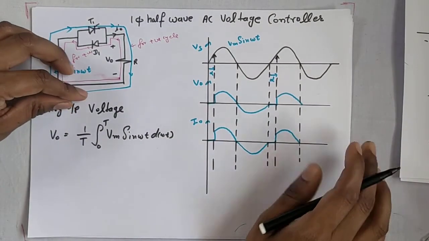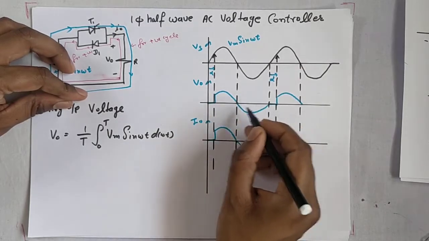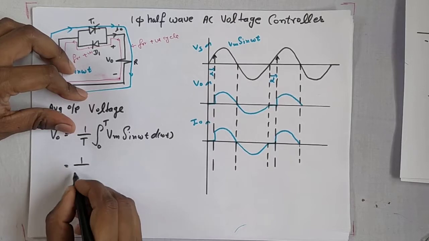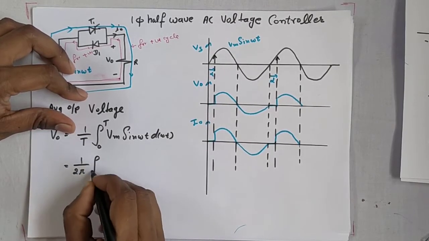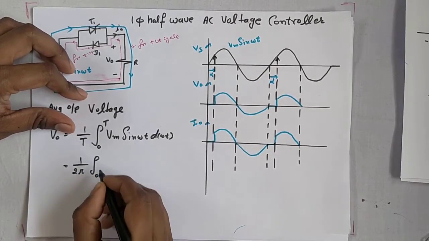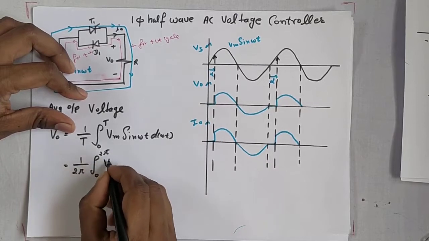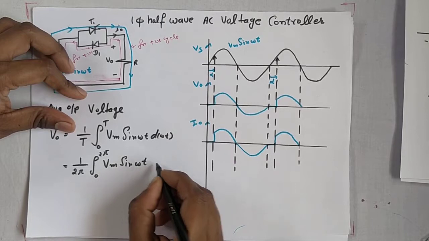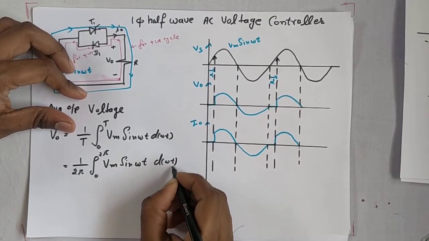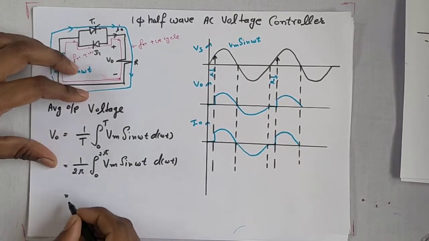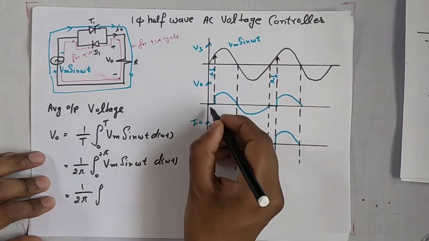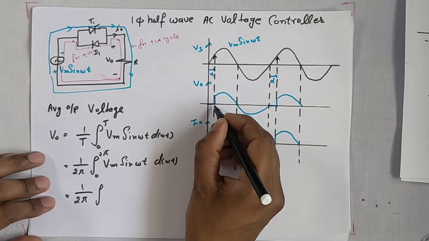Now, the time period of this waveform is 2 pi. So it equals 1 upon 2 pi, integral from 0 to 2 pi of Vm sin omega t d(omega t). From 0 to alpha the output voltage is 0.